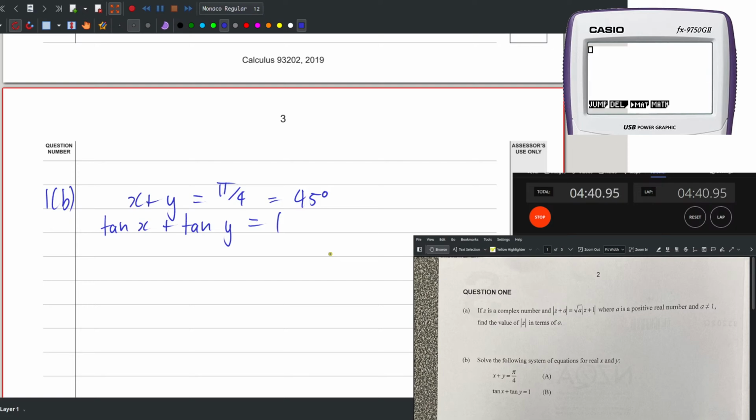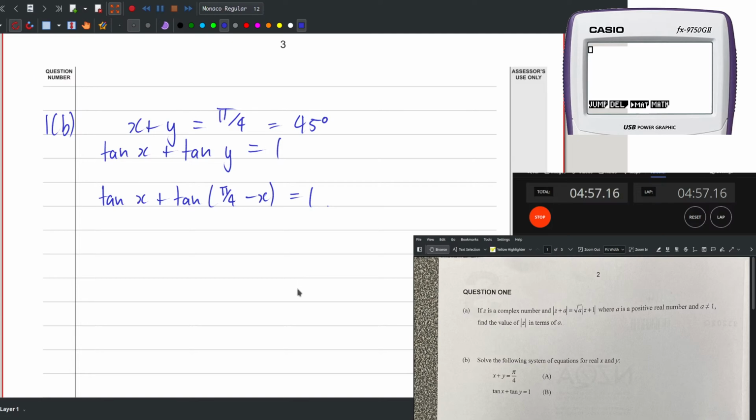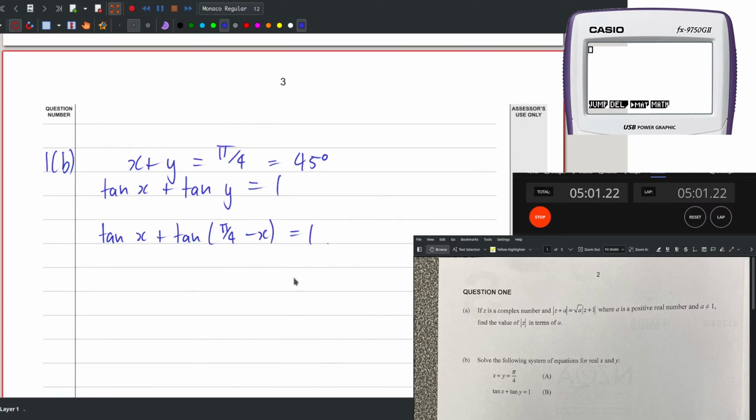So okay, that gives us a start. So we're looking for tan x plus tan of pi on 4 minus x equals 1. Oh, right, so you go tan x. Do they give you the trig identities in Scholarship?